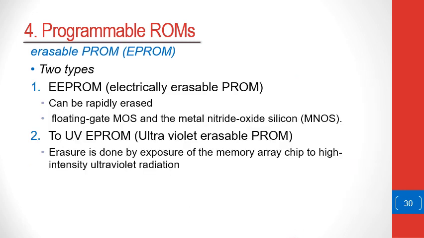There are 2 common types of EPROMs, the first being the electrically erasable PROM, the EEPROM, and the second being the ultraviolet erasable PROM, the UV EPROM. The important distinction is that the EEPROM can be erased quickly because it's electrically erased.